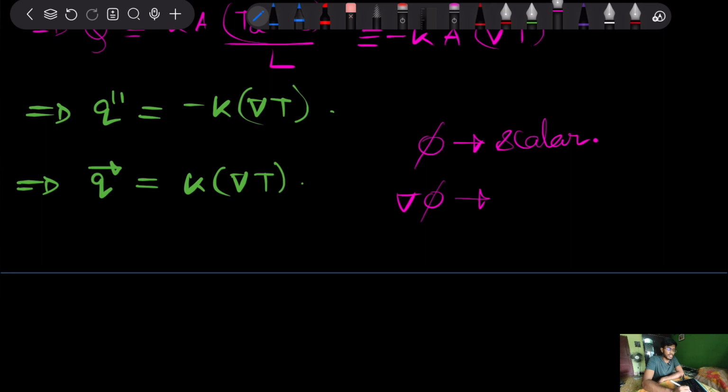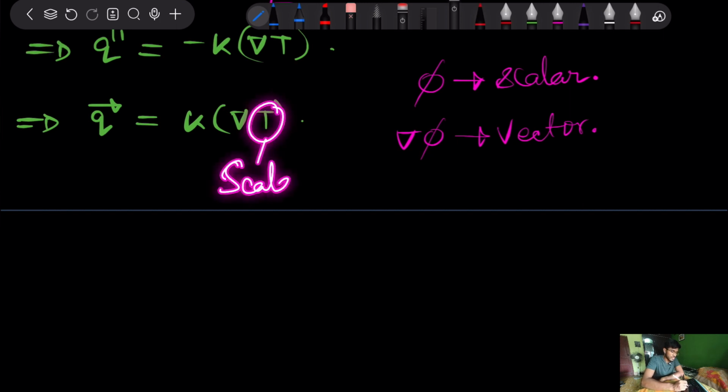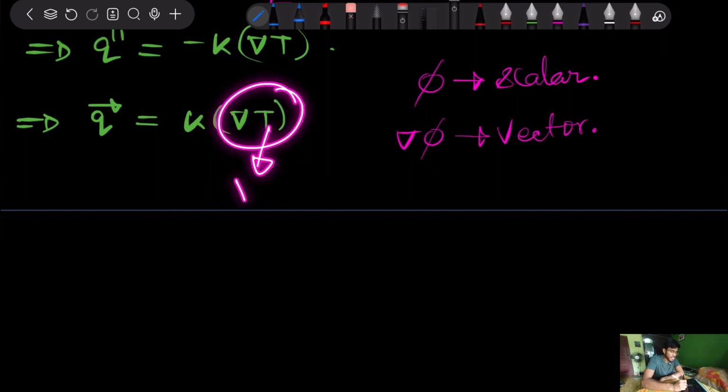If phi is a scalar, then the gradient of phi is definitely a vector. So here the temperature is a scalar. That means this is a vector.